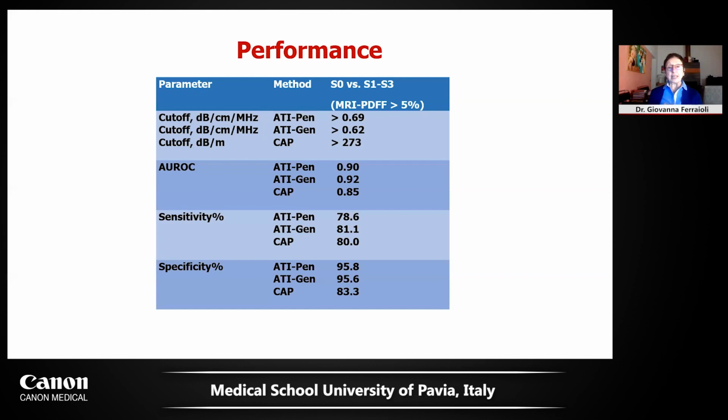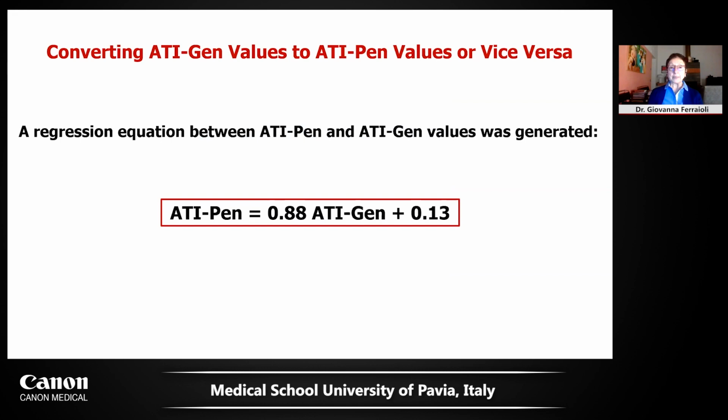And sensitivity and specificity were pretty high and higher than controlled attenuation parameter. And using the regression analysis, we found also a regression equation to convert the ATI gen into ATI pen or vice versa.